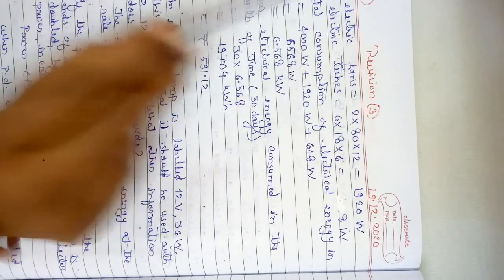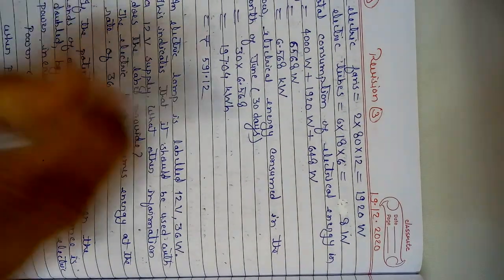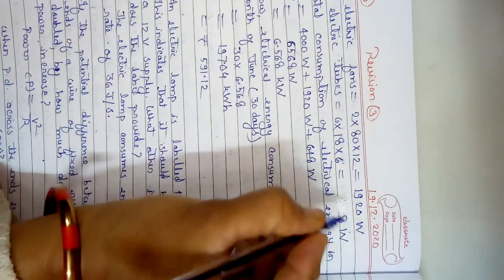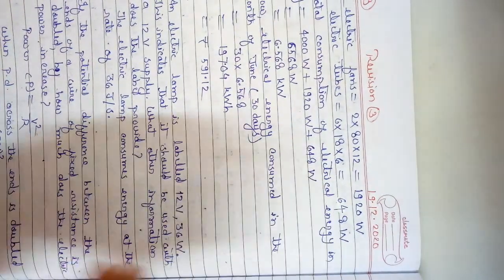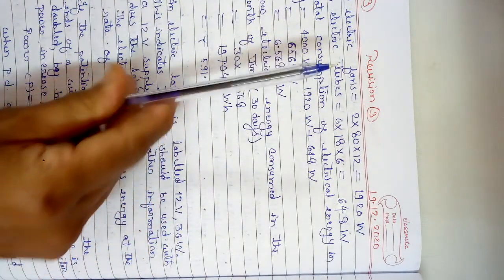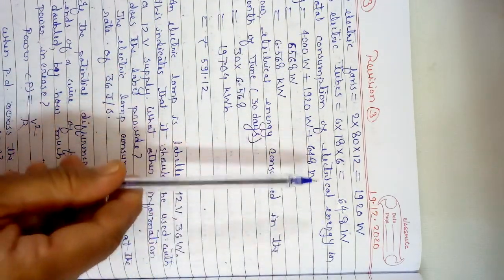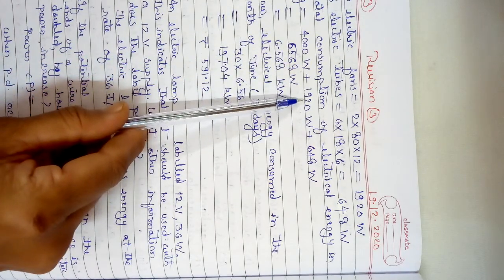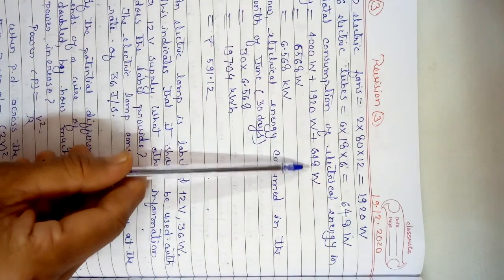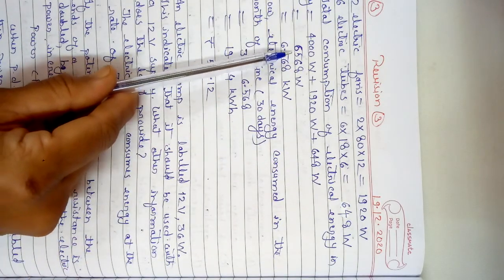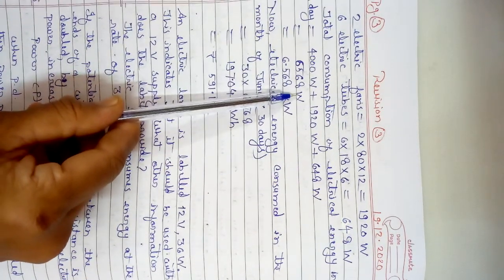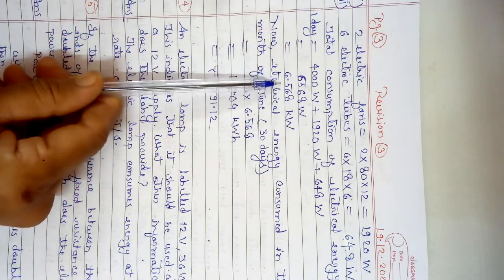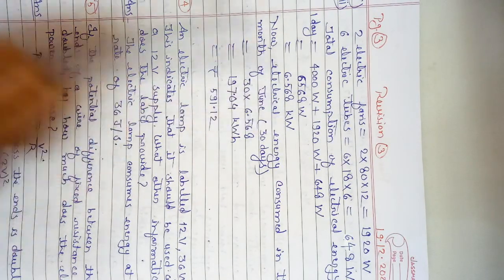Now energy consumed by 6 electric tubes will be 6 into 18 into 6, which gives us 648 watt hour. So the total consumption of electrical energy in one day will be 4000 plus 1920 plus 648, which gives us 6568 watt hour. When we convert it to kilowatt hour, we have to divide it by 1000, so it gives us 6.568 kilowatt hour.